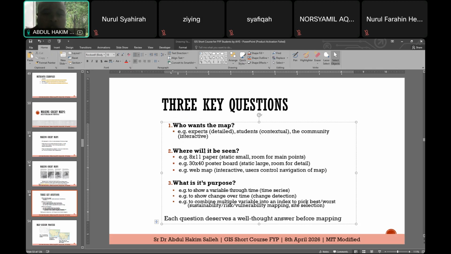Okay, where will it be seen? If on the side of the road, on a billboard, then the letters, the fonts need to be clear. Do not use cursive fonts, which are much harder for the driver on the side of the road to read.